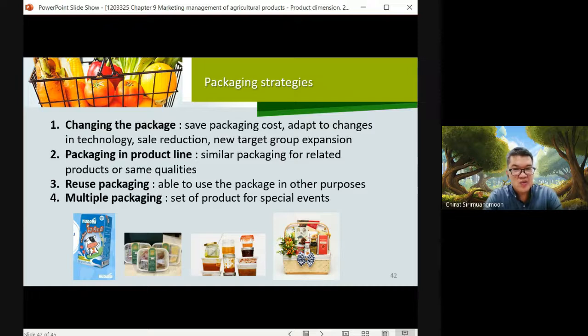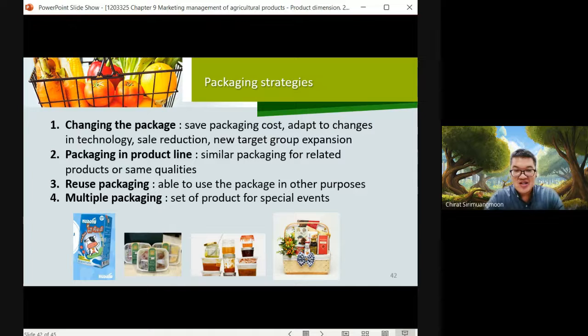So the Nong Pho company made small-size milk and served it to school children. Then they changed the size and changed the color to look good, with a brighter color to draw attention from the consumer, which is the children. So this is an example of changing the package.